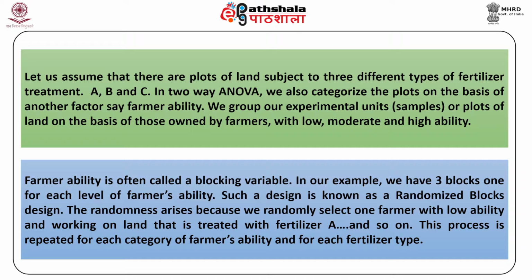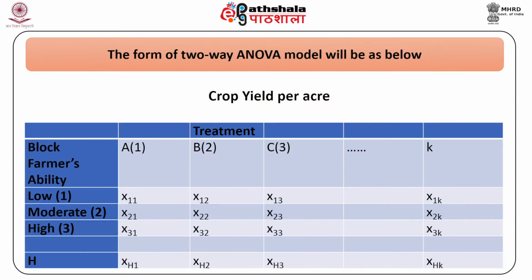The randomness arises because we randomly select one farmer with low ability and working on land that is treated with fertilizer A, and so on. Now this process is repeated for each category of farmer's ability and for each fertilizer type. The form of the two-way ANOVA model will be as below.